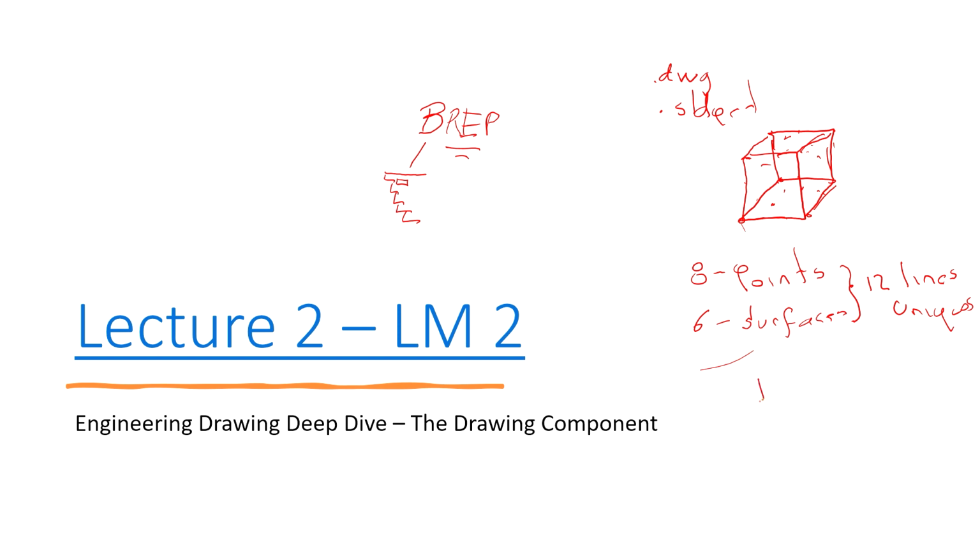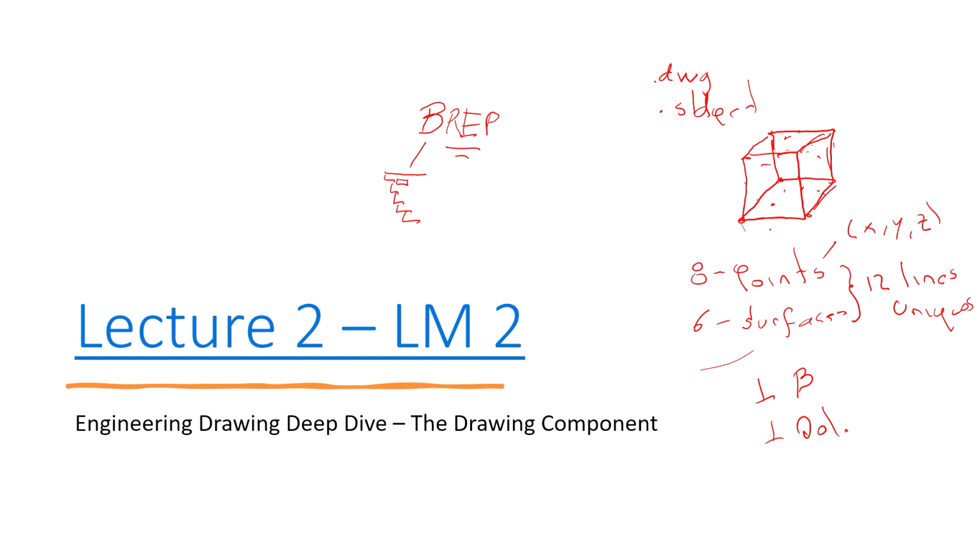This whole thing is one single body, or one solid. Why? Because this has a volume. This thing right here only has coordinates x, y, z.